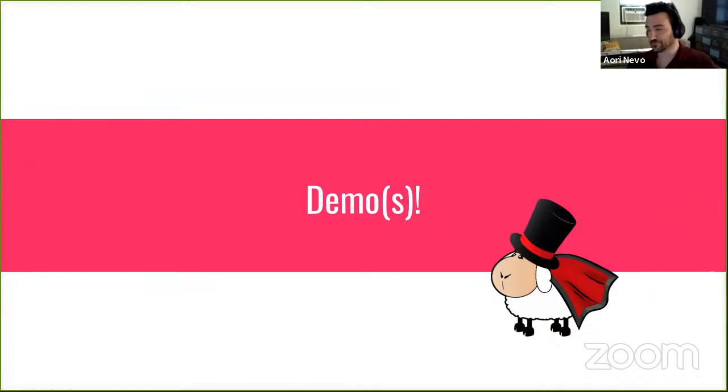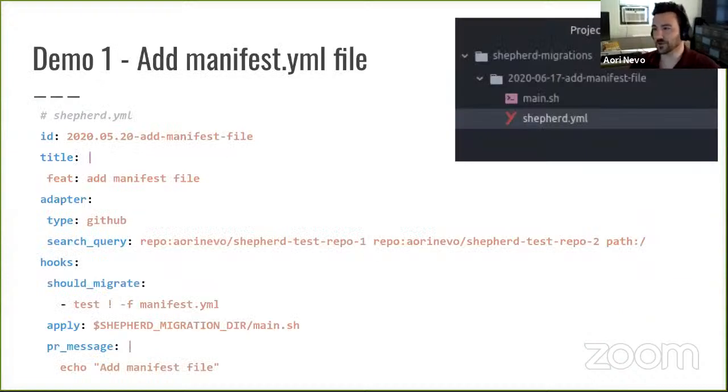On to demos. So demo 1 is going to be focused on adding a manifest file to a couple of repos. But I want you to keep in mind that while we only look at 2 repos here, think of this as you trying to do this to 100 repos, right? Shepherd depends on a YAML file, shepherd.yaml.